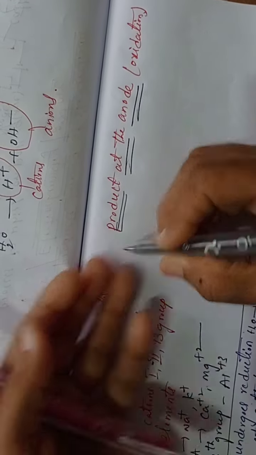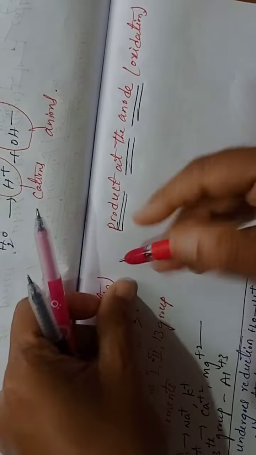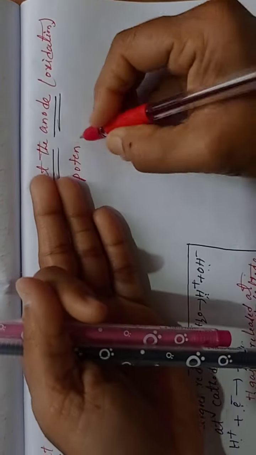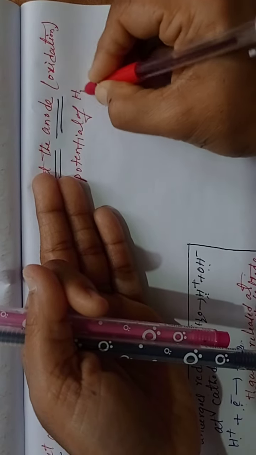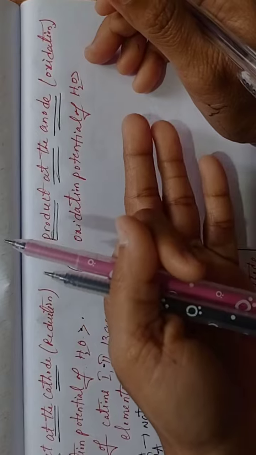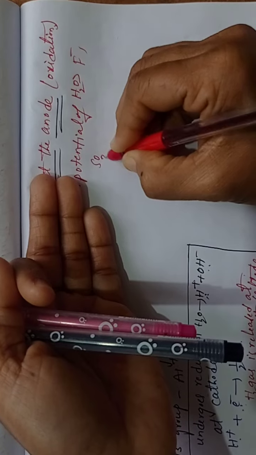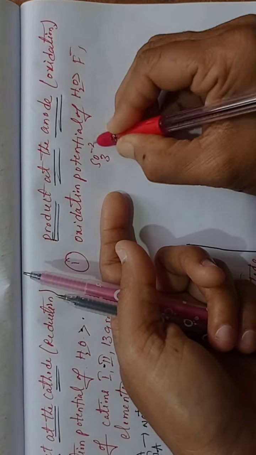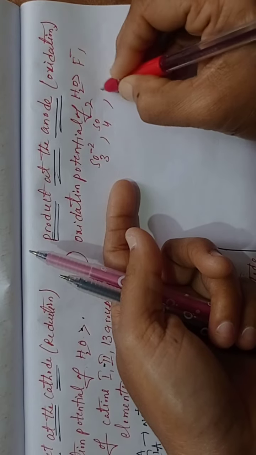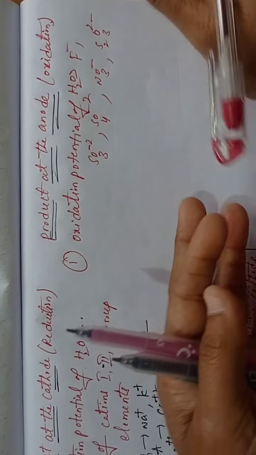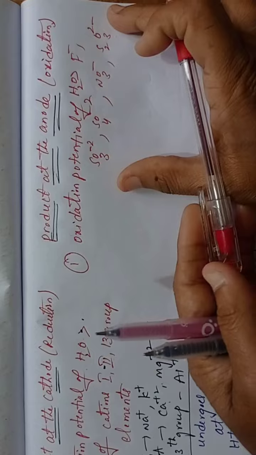If the oxidation potential of water is greater than that of ions like F minus, sulfite ion SO3 2 minus, sulfate SO4 2 minus, nitrate ion NO3 minus, thiosulfate S2O3 2 minus, etc., these anions, are you following?